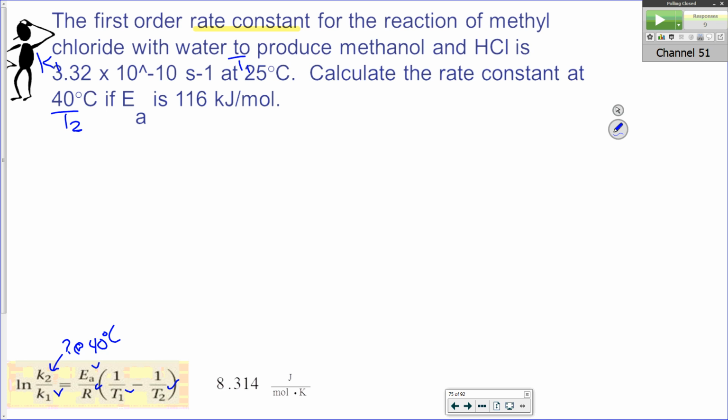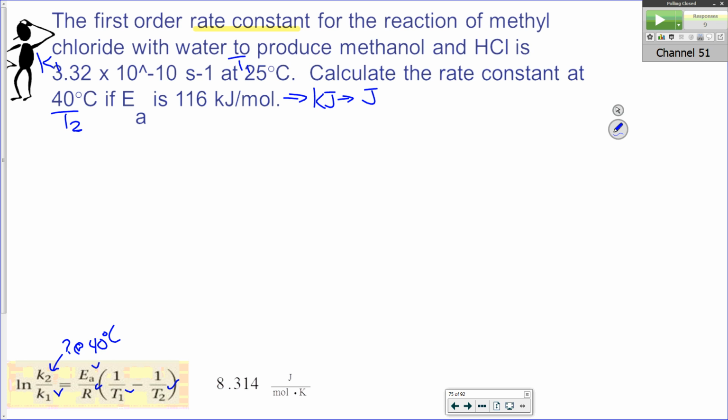What do you think the first thing is I need to do to work this problem? Before I start writing numbers in this equation, is there anything else I need to do to the data? Gotta get Kelvin. And I gotta get E sub A from kilojoules per mole to joules per mole, so that it'll cancel out with R. And then I've got to get my temperatures to Kelvin.